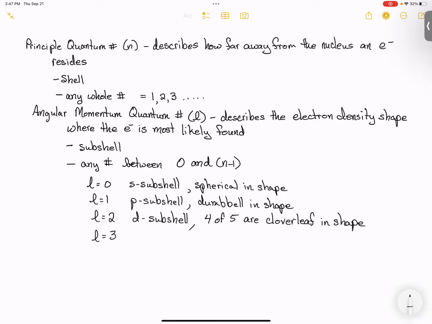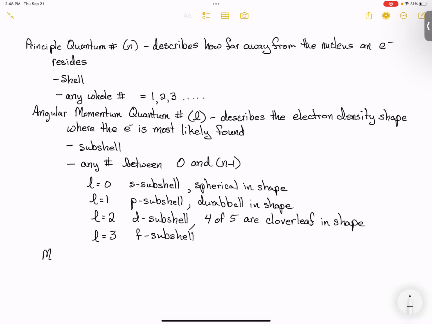These correlations between the L number and the type of subshell are going to be extremely important when we start talking about orbitals and when we start talking about the electron configurations.